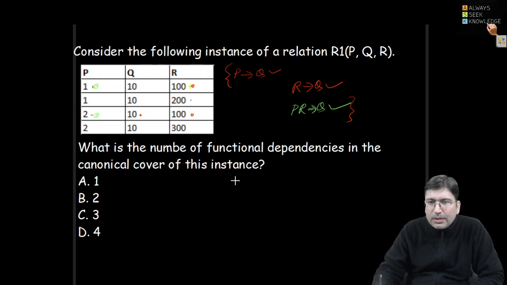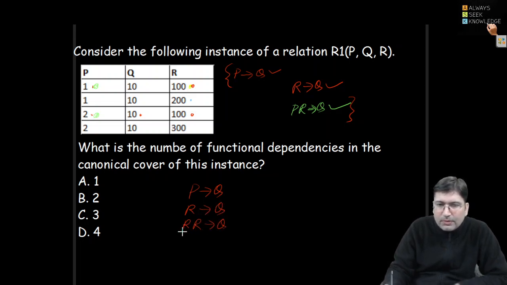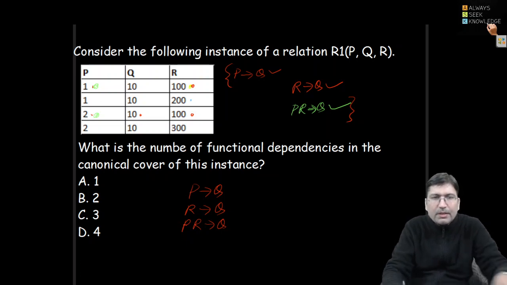If we find out the canonical cover of this, P implies Q, R implies Q, and PR implies Q, you can usually find out which rule is redundant.